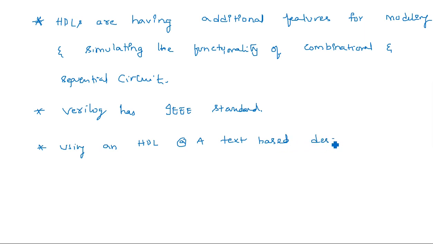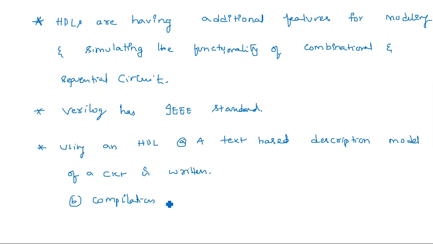That means we write the HDL coding for any circuit in terms of code, in terms of text. Then comes compilation of the description to verify syntax.